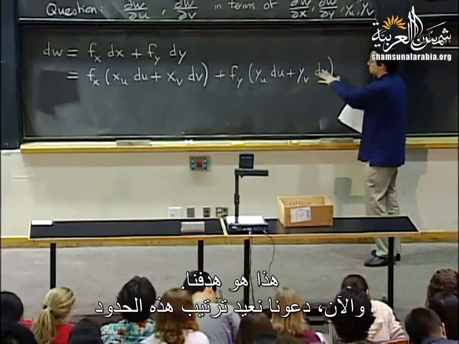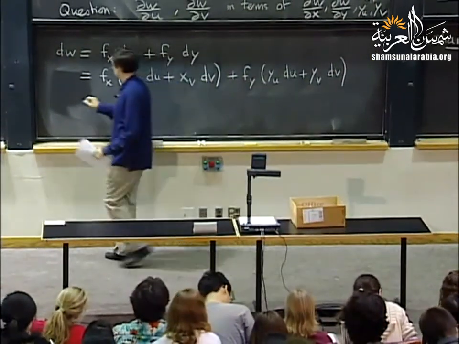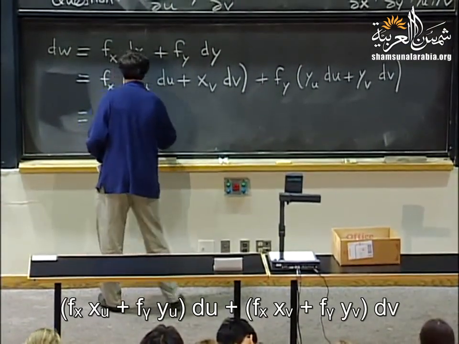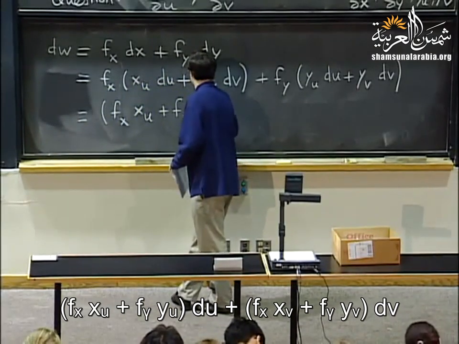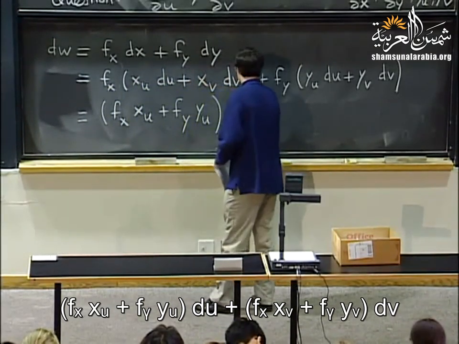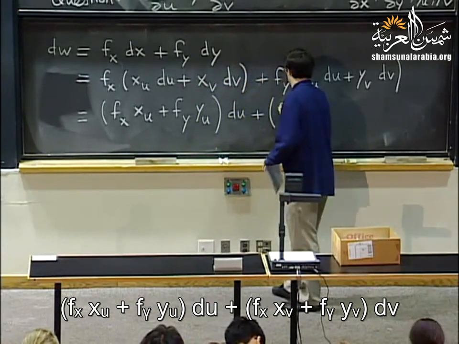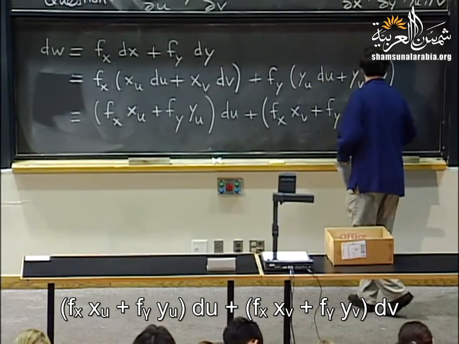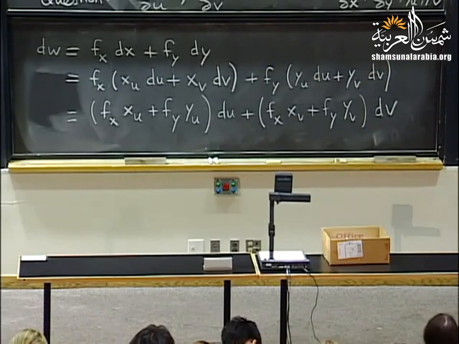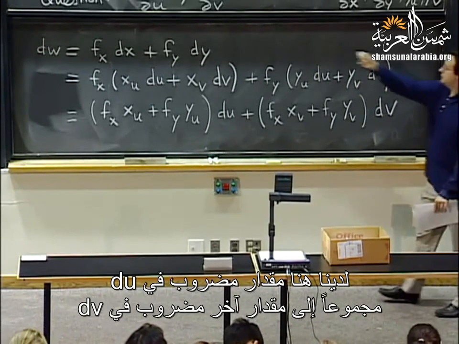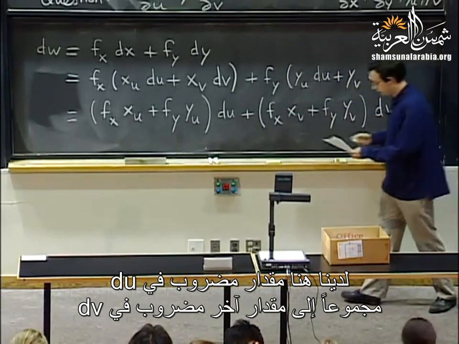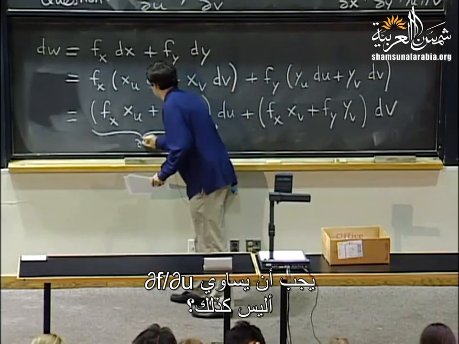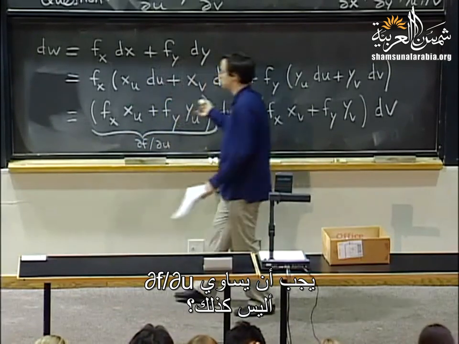Now, let's actually collect terms so that we see it a bit better. So that's going to be f sub x times x sub u plus f sub y times y sub u, du, plus f sub x x sub v plus f sub y y sub v, dv. And so now we have dw equals something du plus something dv. Well, that coefficient here has to be partial f over partial u. What else could it be?